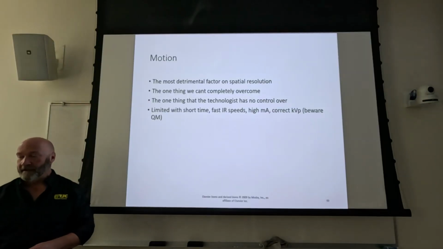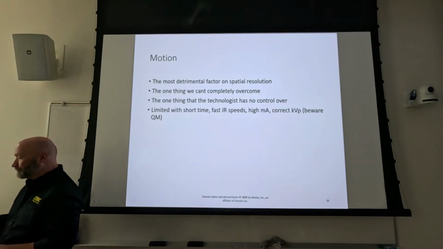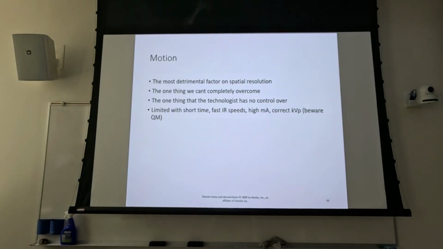Okay, so you can use kVp to reduce time. You prefer to use reciprocity. Where you can't use reciprocity, you can. I'm kind of beating this to death because every year I get people arguing with me, well, kVp doesn't have any effect on time. Yes, it does. If you increase your kVp and you want to maintain the exposure, you have to reduce your mAs.